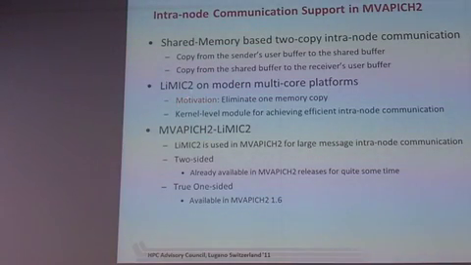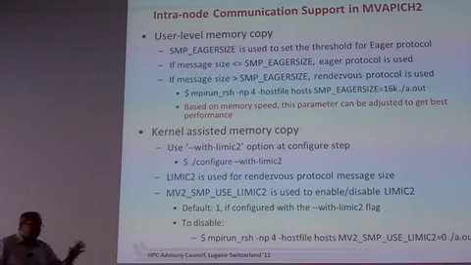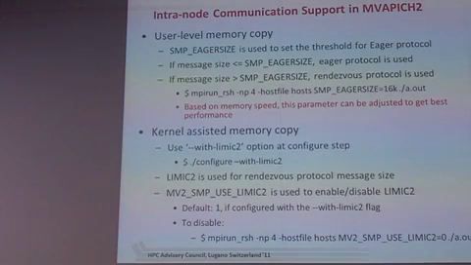Several years back, we introduced LiMIC2, a kernel-based module to eliminate one more memory copy. I'll show some numbers here. Using that, we have done two-sided as well as true one-sided, which is available in the latest release. Here again, just like the earlier eager threshold, there is also an eager threshold, okay?